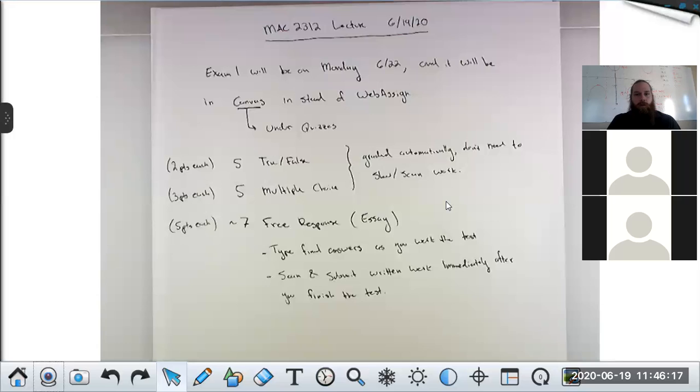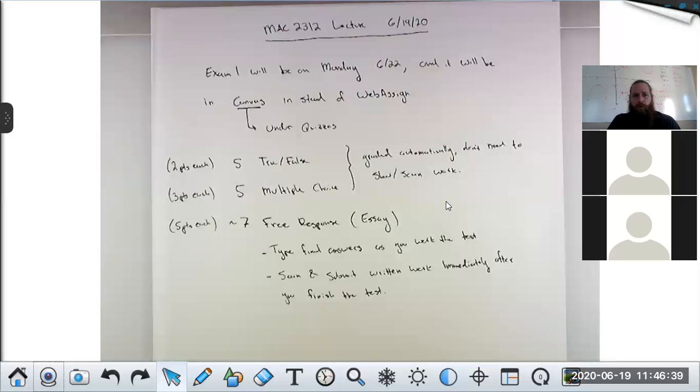So they'll be fairly straightforward, usually concept type questions that you can answer quite quickly without doing a lot of calculation. That's the idea behind the true false. My true false do have a reputation for being a little bit tricky, but as long as you are comfy with the concepts that we've talked about, they should not overwhelm.